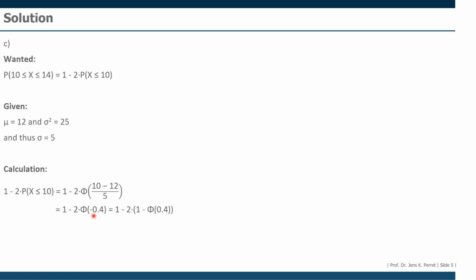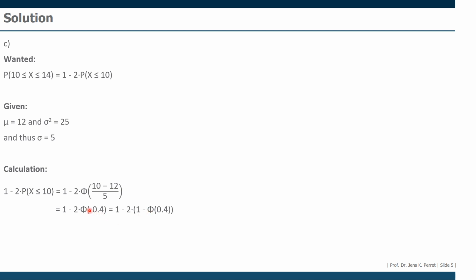The tables for the standard normal distribution only contain values 0 or larger. So before we can continue, we have to transform this into a value of 0 or larger. We can do this by replacing phi of minus 0.4 by 1 minus phi of 0.4. So we're more or less drawing the minus in front of it and putting 1 here.